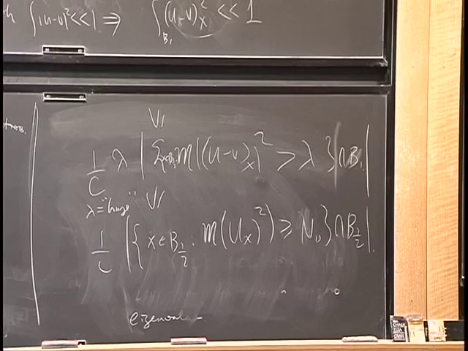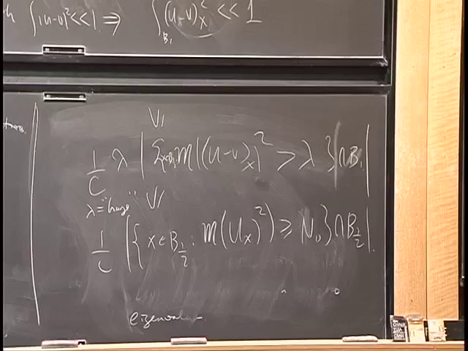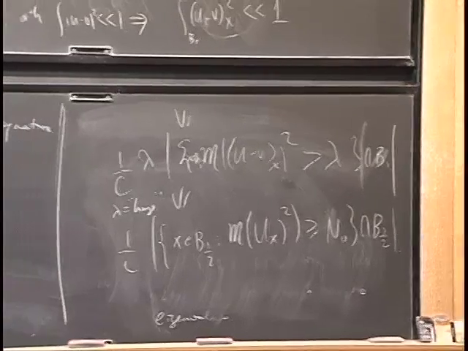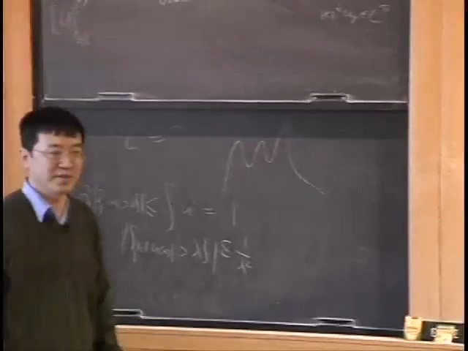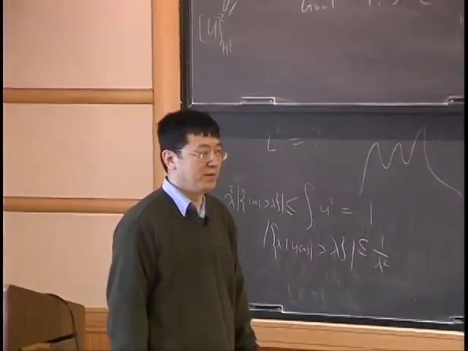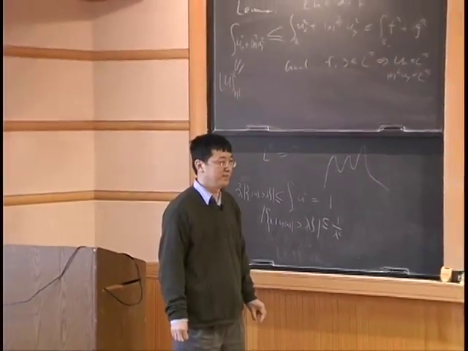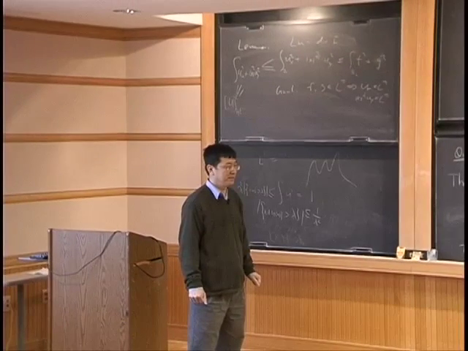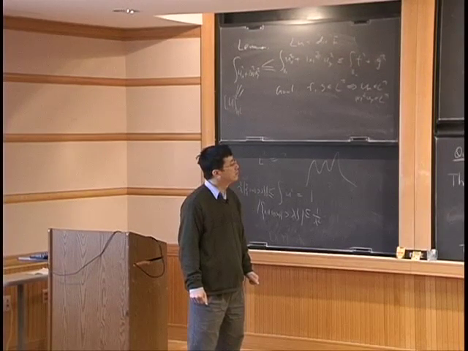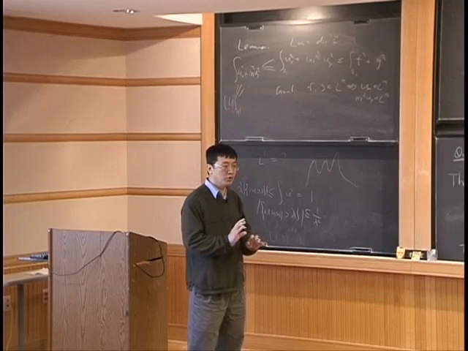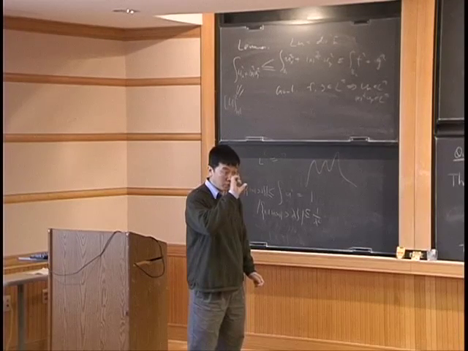And of course that says Lp. You just write down these balls, choosing them in the correct way, use Vitali, then you get this Lp estimate. So let me stop here. No, you can really do the computation.